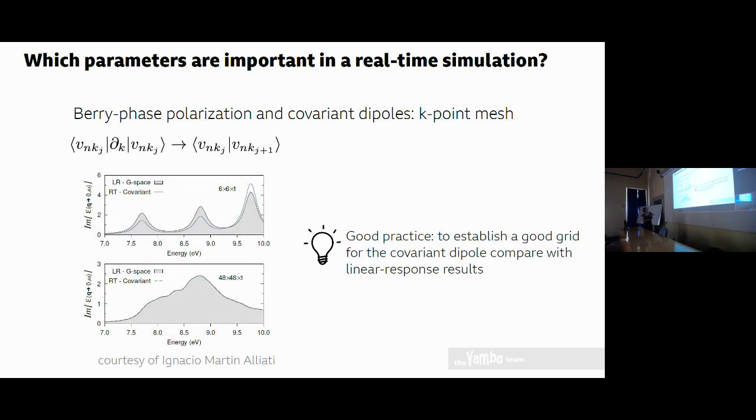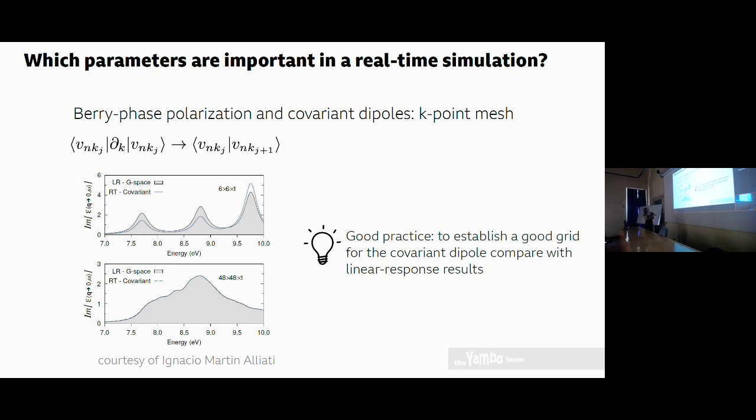So here I have some examples. This is the effect of the k-point mesh. This is a calculation at a small mesh, 6 by 1. In blue, you have the calculation done with the covariant dipole. This is linear response, so you can compare with the linear response that you get from Yambo in reciprocal space.